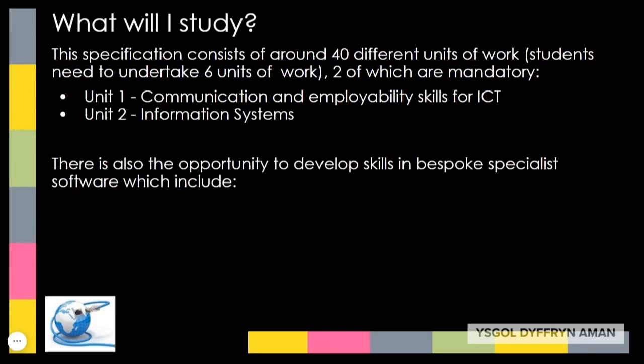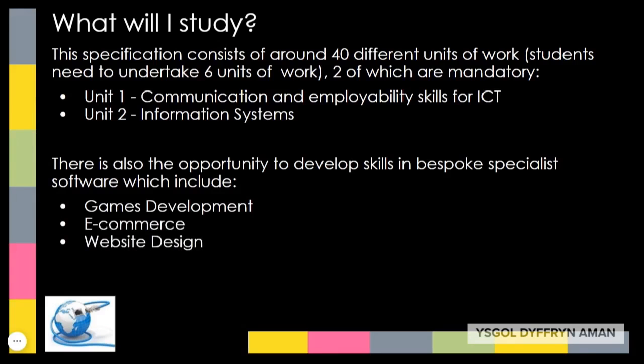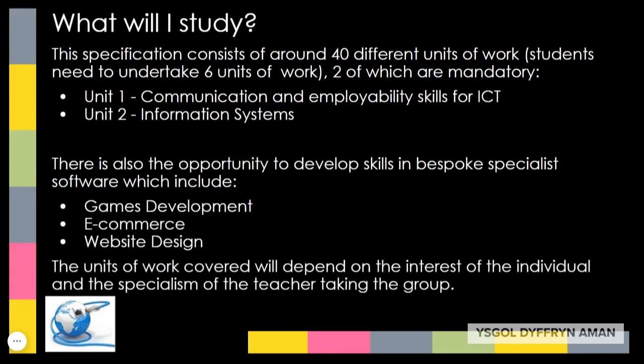There's also the opportunity to develop skills in bespoke specialist software, which includes game development, e-commerce and website design. The unit of work covered will depend on the interest of the individual and the specialism of the teacher taking the group.